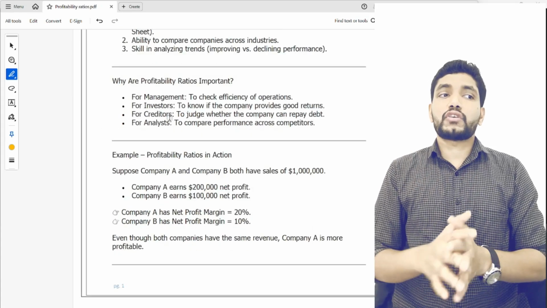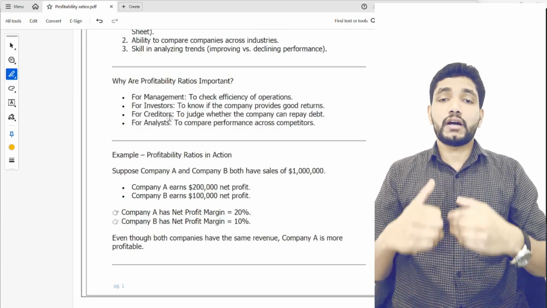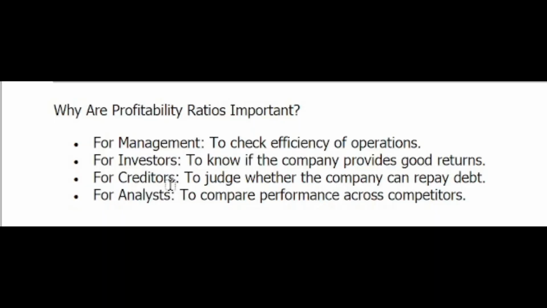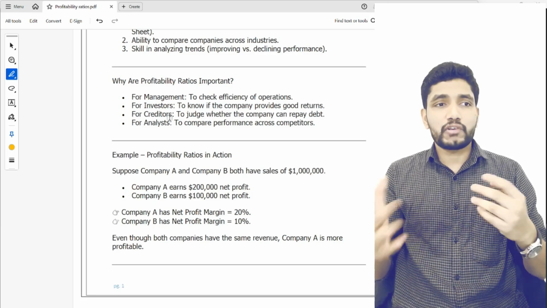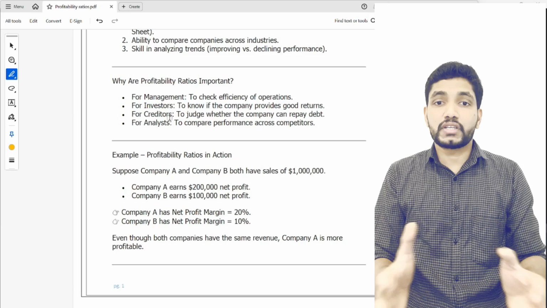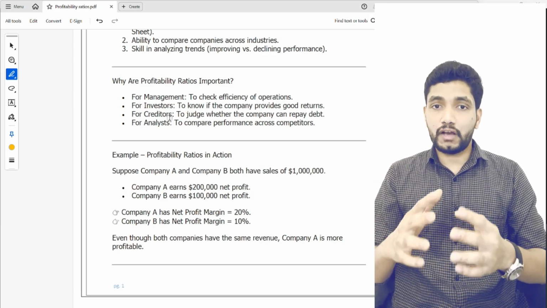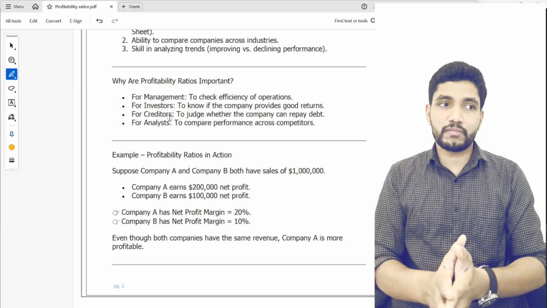They are very important for management to check the operational effectiveness and efficiency of the operations, for investors to see how the return can be generated from the investment, and for creditors to judge whether the company can repay its debt, or whether they have to expect some issue with the repayment. For analysts especially, they help to compare across competitors, across the industry, and against the industry benchmark.